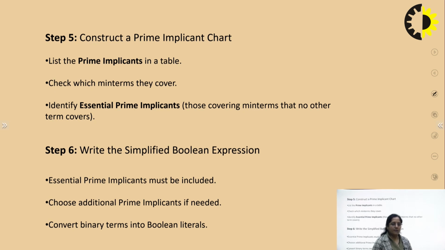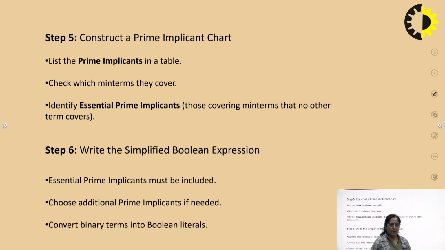From those prime implicants you create a prime implicant table. From the prime implicant table you only consider the main minterms. You don't write don't care conditions in that table. From the table we find the essential prime implicants by seeing column wise which column has only a single cross.